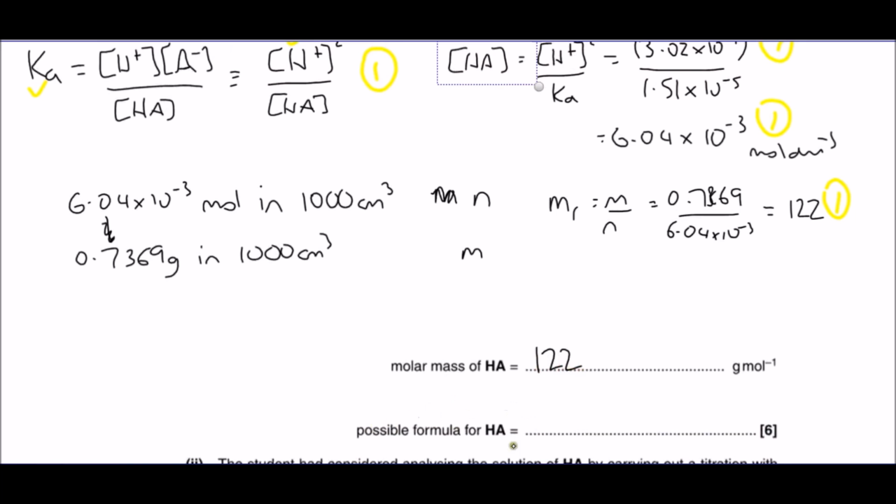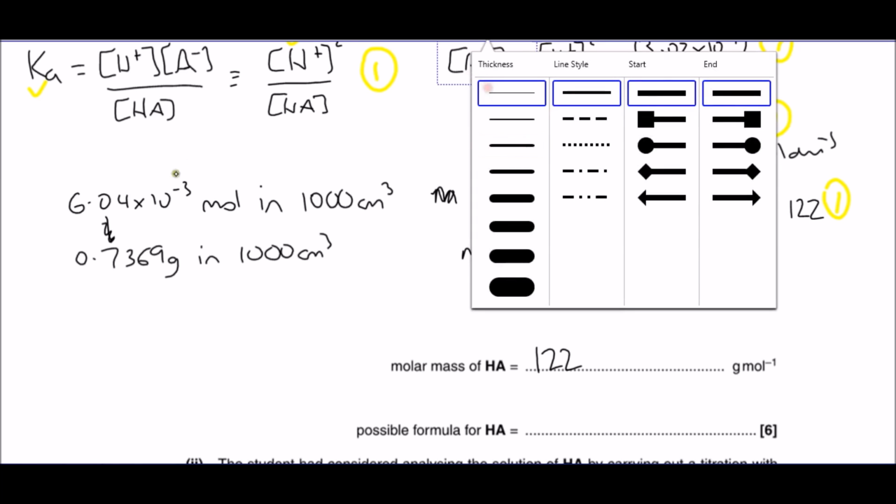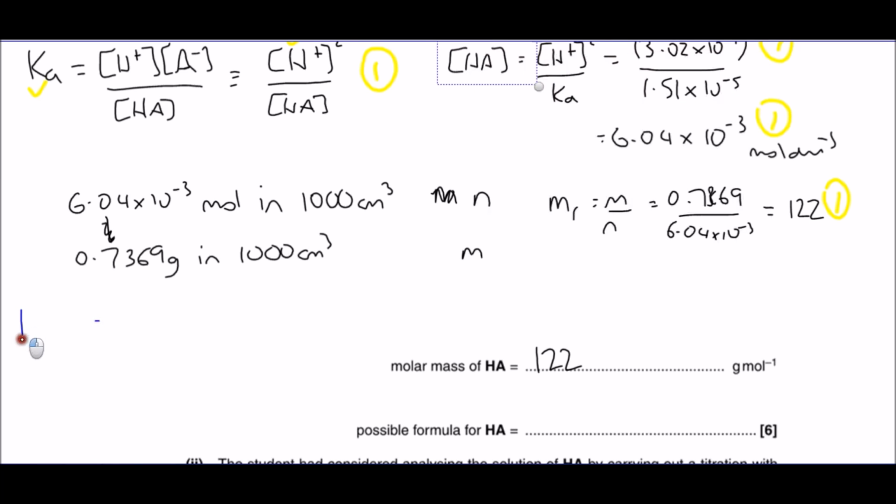Then it says possible formula for the carboxylic acid. If you think about that carboxylic acid, let's change the colour so we see this is that final mark. The carboxylic acid has some kind of alkyl chain, and then it's got the COOH group on the end. And the COOH group adds up to 45.